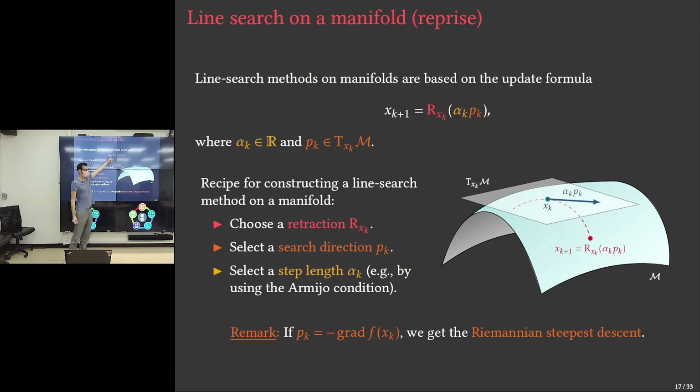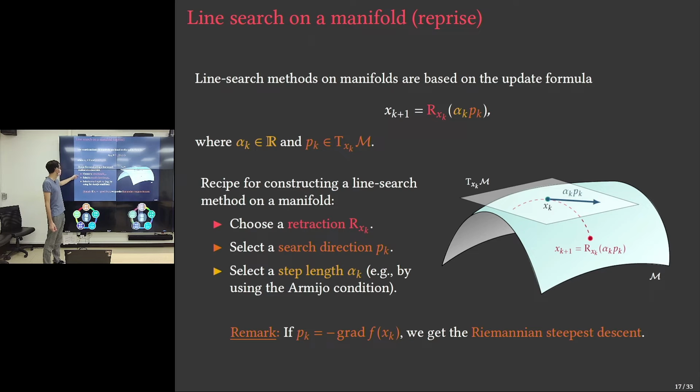And every iteration update looks like this. So the method, from a high level, will look like this. We choose a retraction R_xk. Usually it stays the same for the whole algorithm, but it might also change at every iteration.